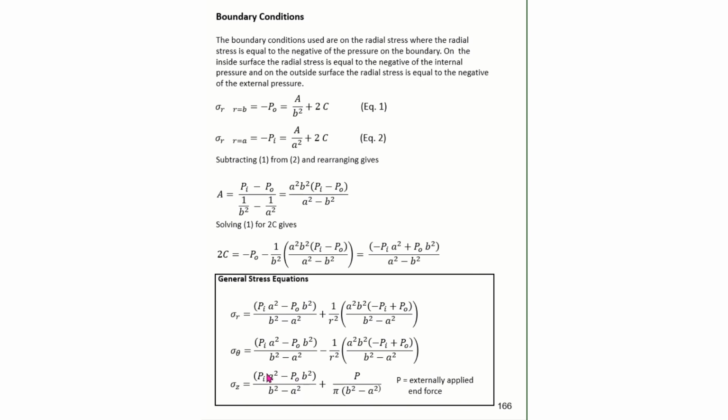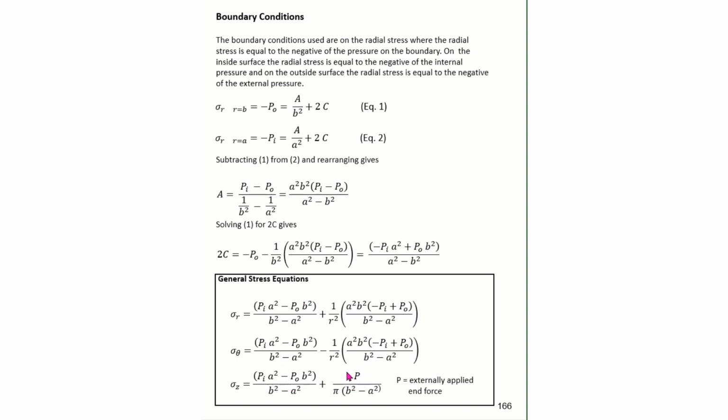And this is the axial stress due to an end cap on the end of the cylinder. This P over pi times quantity b squared minus a squared is a little misleading. This P right here is not a pressure. And so the symbol for P there is not a very good use of a symbol when we're using pressures in all of these other locations.